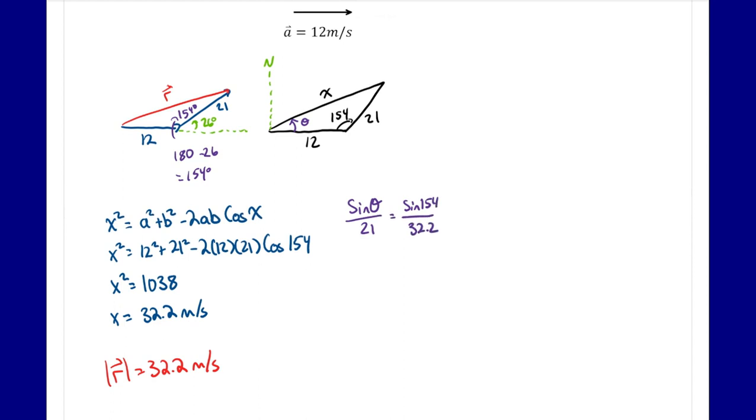Cross multiply. So we get 32.2 sine theta is equal to 21 sine 154. We're going to bring the 32.2 down, so we get sine theta is equal to 21 sine 154 divided by 32.2.